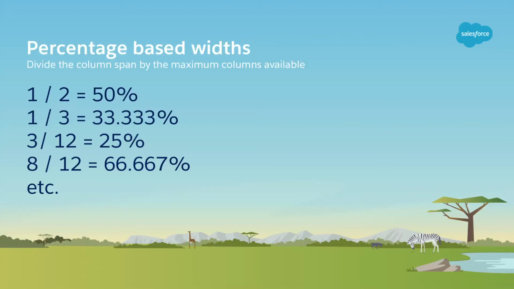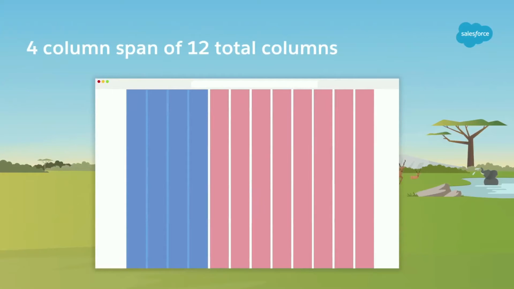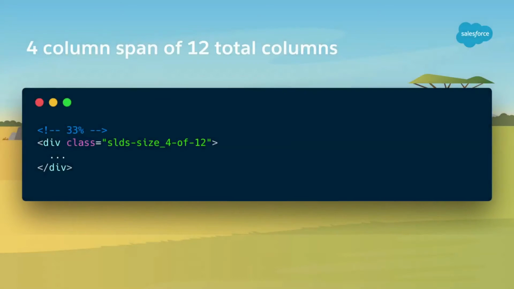So let's take a look at this example. If we had a 12-column grid, and say I wanted to take up a total amount of 4 columns out of that 12-column grid, all I need to do is literally say that out loud. SLDS size 4 of 12. So this goes back to those easily digestible, human-readable classes that I was talking about.